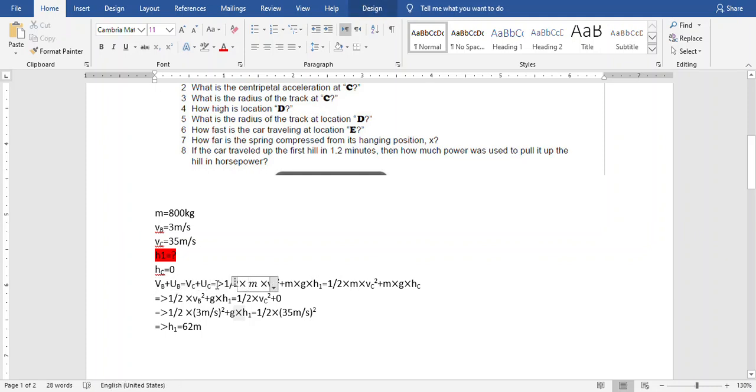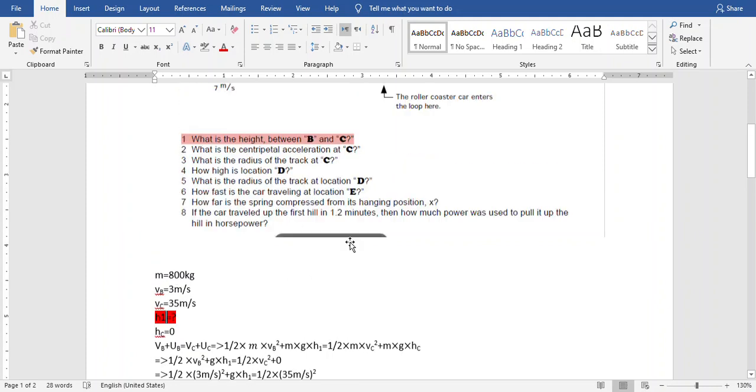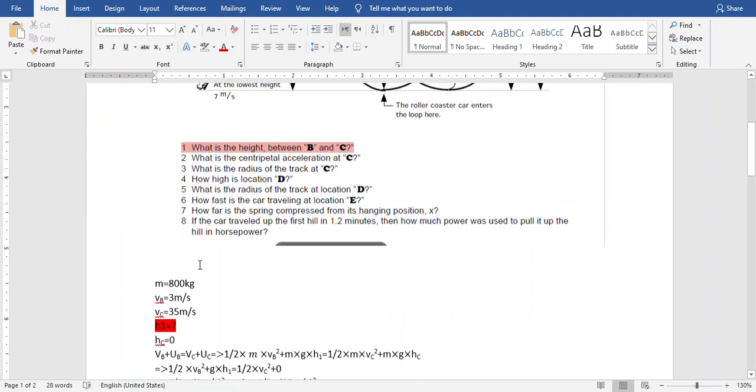By simplifying the equation, as I see m is the same on both sides, I simplify the top equation and arrive at this equation. At the bottom, by inserting the known data into the equation, I arrive at h1. You can solve this equation at home or at a workshop with this data, and you will see that h1 is 62 meters.